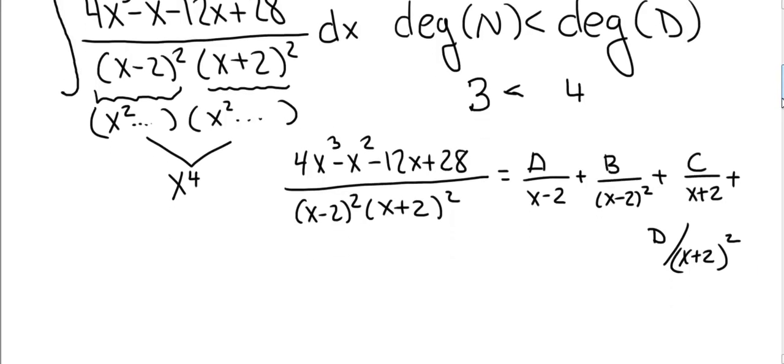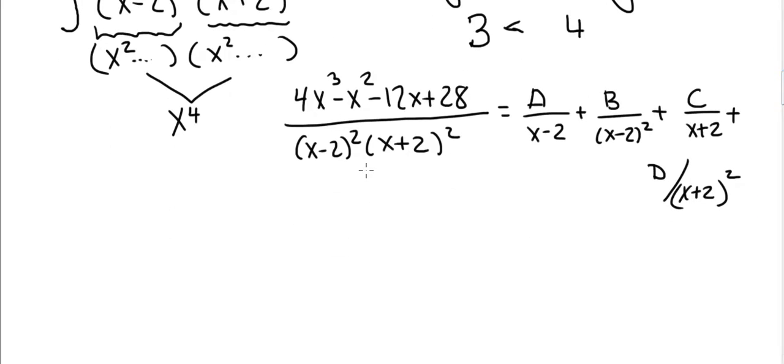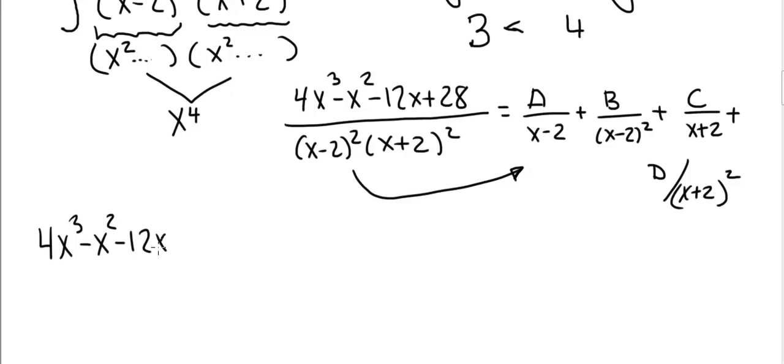First step is to multiply both sides by this denominator, so it'll multiply all four of those terms. The left hand side is 4x cubed minus x squared minus 12x plus 28, and on the right we have a times (x minus 2) times (x plus 2) squared.